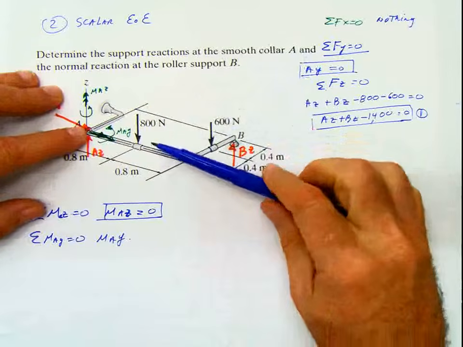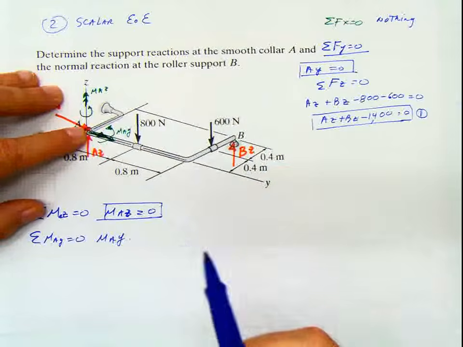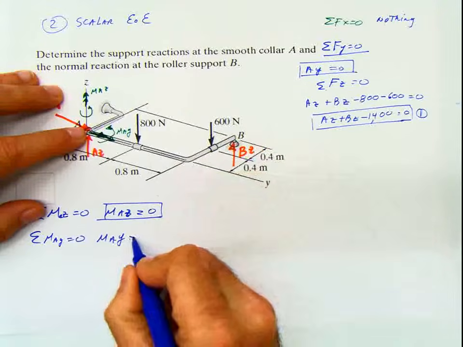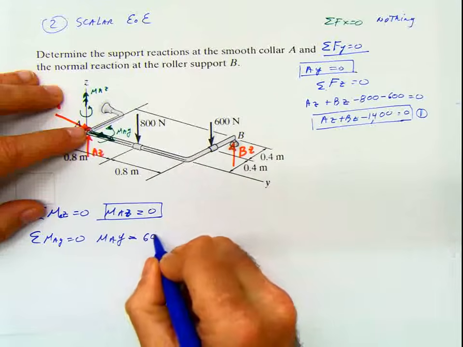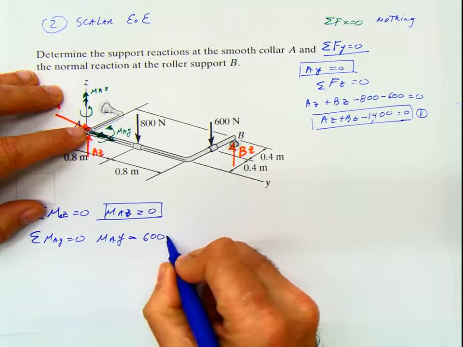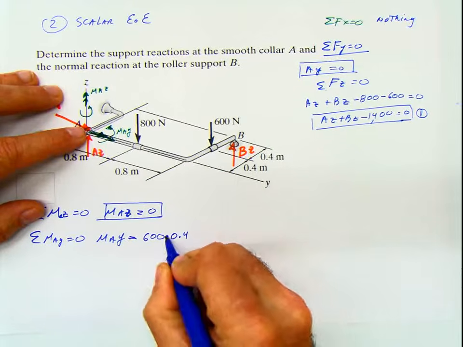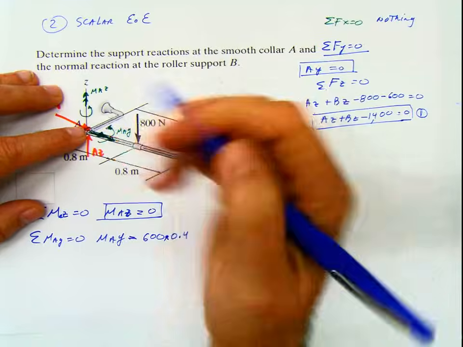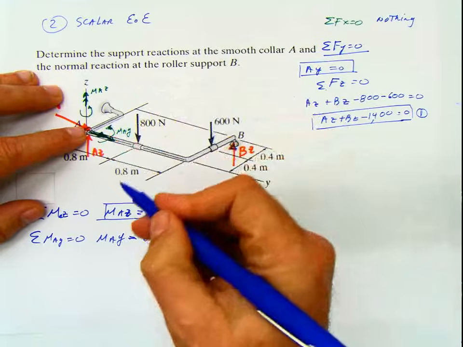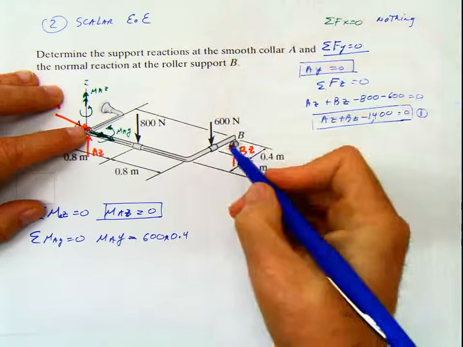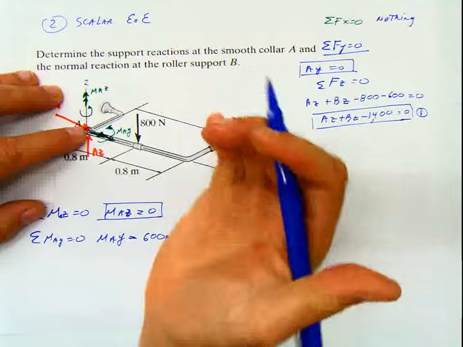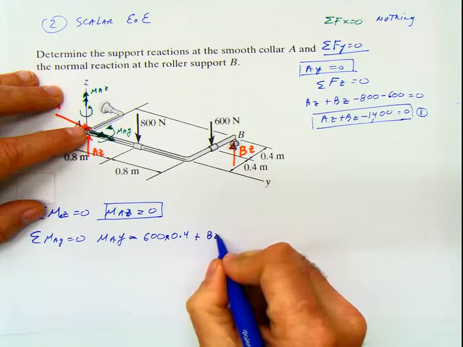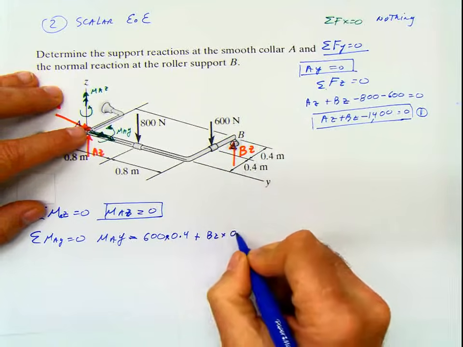So it's going to be negative, because it's going in, and it's 600 multiplied by this distance, which is 0.4. And this BZ here is the opposite. This point is going to lift and come to this side. So it's a positive moment, which is going to be BZ multiplied by 0.8.